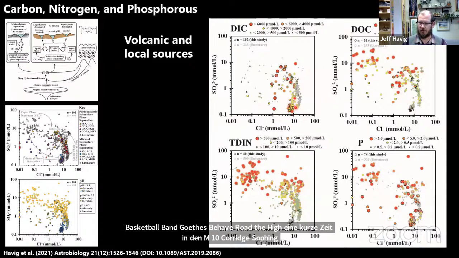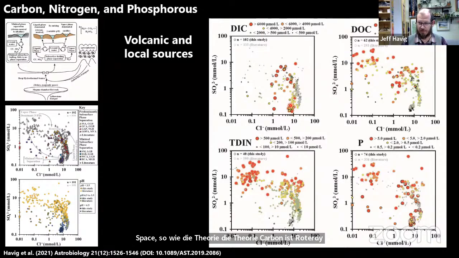So the dissolved inorganic carbon is relatively high in the source. So that's the carbon source from the volcanic source dissolved in the water. And then with boiling, that strips out a lot of that carbon as CO2. And so we have relatively low concentrations in the residual liquid phase and very low in the acidic phases.